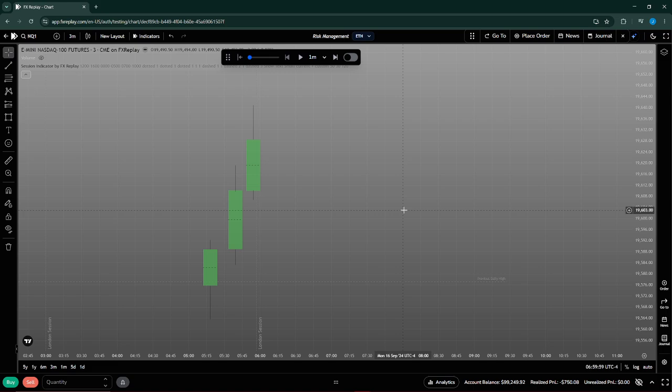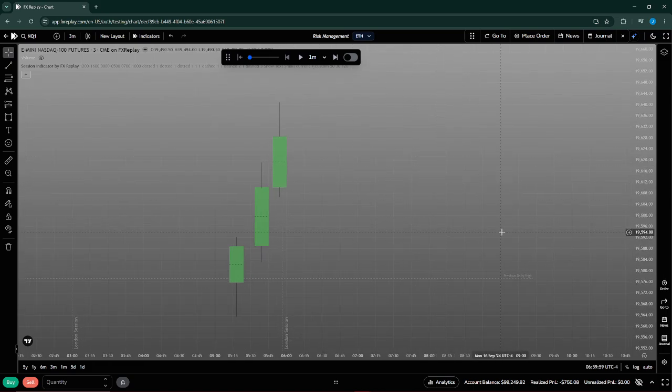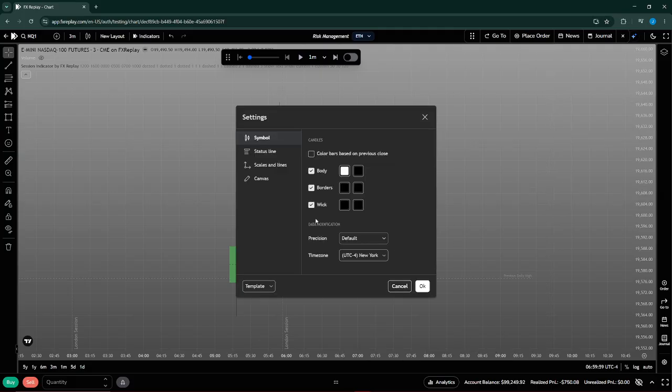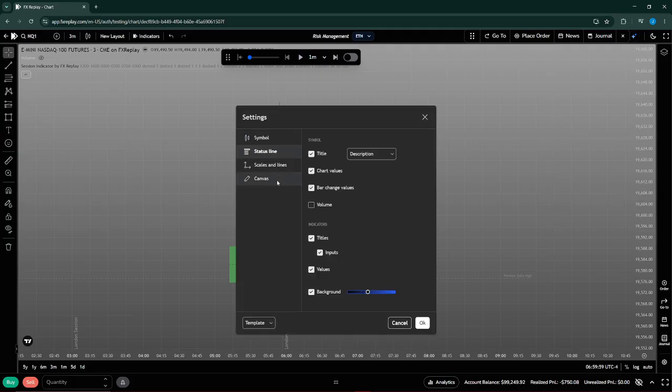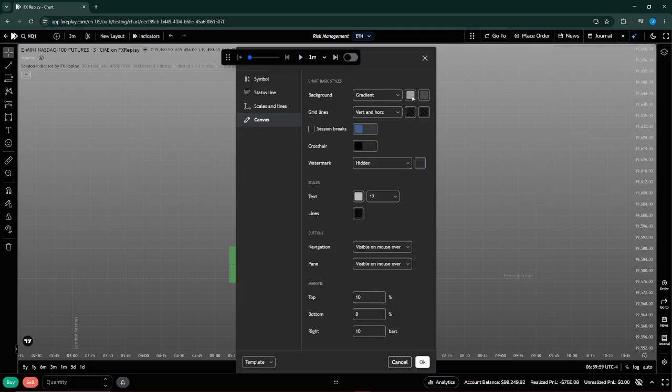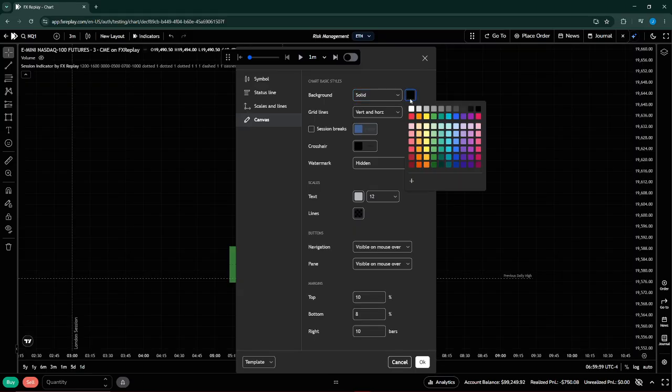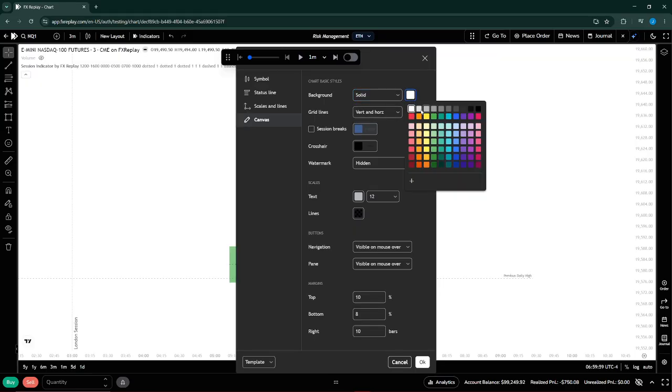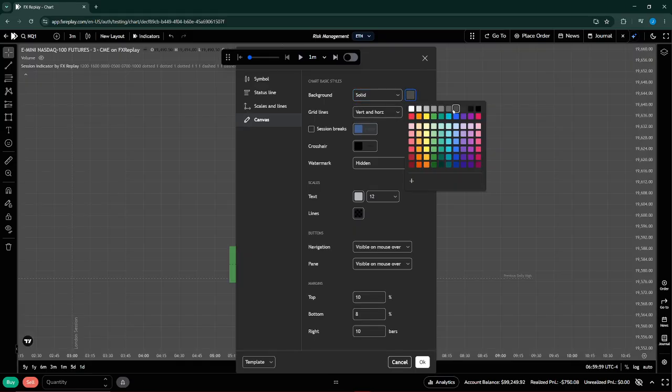Okay, so I'm assuming it's the grid lines that's making it look like that. Let's take the grid lines off, or make them a different color, just so y'all can see everything. The background, we'll make it solid, probably white.